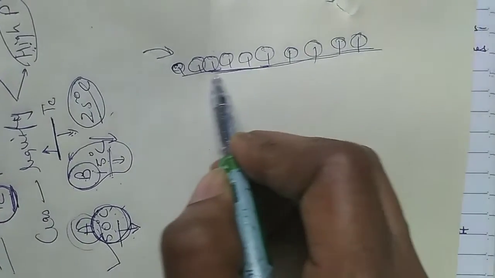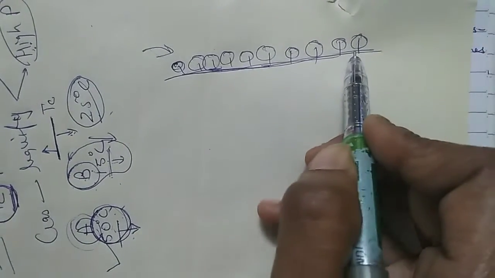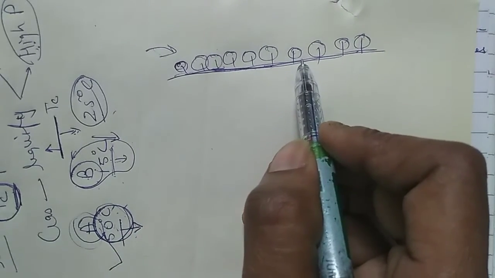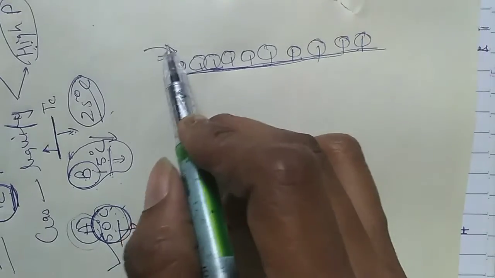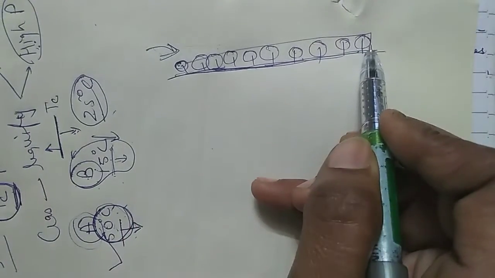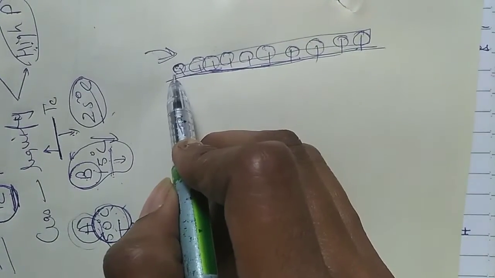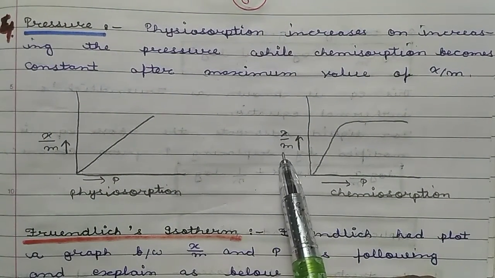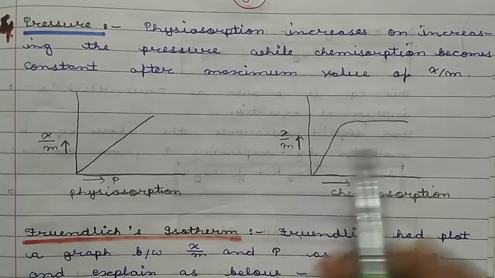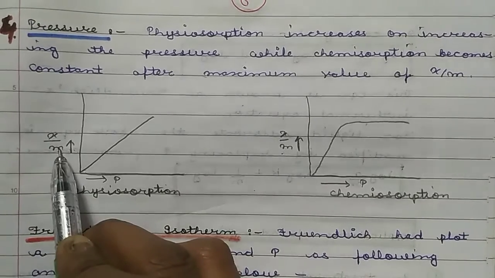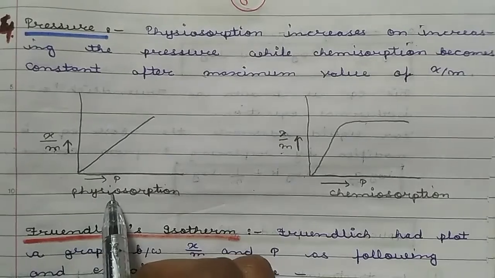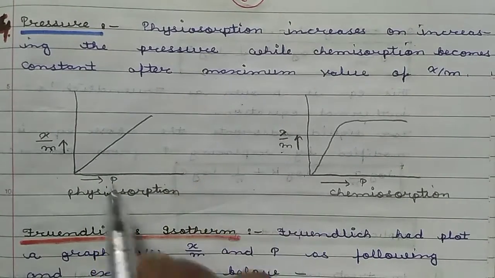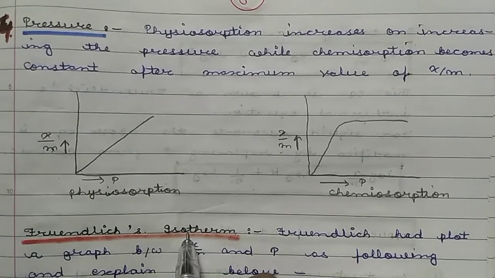When all the active sites are occupied, then there is no further increase in chemisorption due to increasing pressure, meaning it remains constant after the maximum. So these are the graphs between x upon m, meaning extent of adsorption, and chemisorption, and extent of adsorption and physisorption. All this is explained by Freundlich by his isotherm.